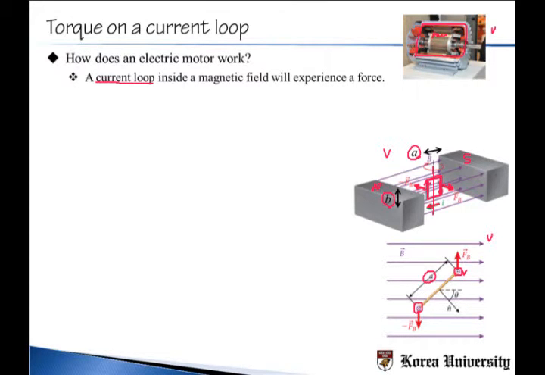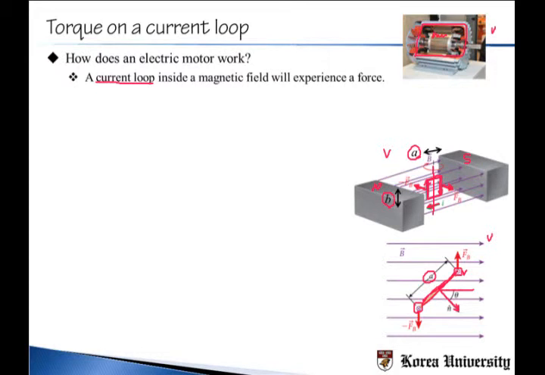At this moment, the normal vector of the loop, which is perpendicular to the plane of the loop, is at an angle theta with respect to the direction of the magnetic field.